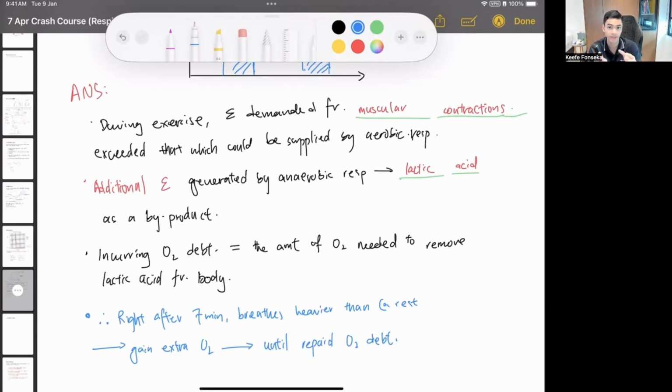We need to break it down back into glucose. That is what happens in the liver. You don't actually have to learn this in the syllabus though. But that is how the body removes lactic acid from the body. Yeah, that's what happens to it. Okay, done?